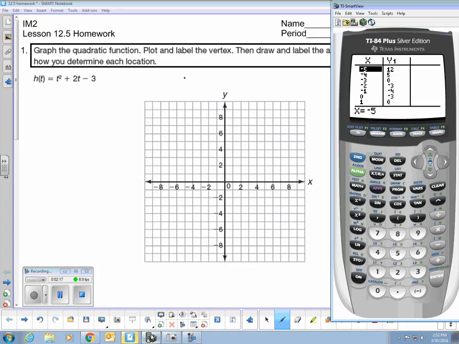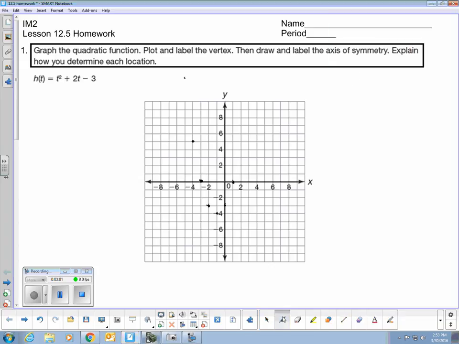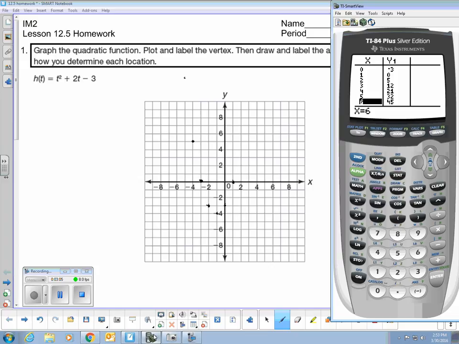So let's try the next ordered pair. -4, 5. -3, 0. -2, -3. -1, -4. 0, -3. 1, 0. 2, 5. And then 3, 12.